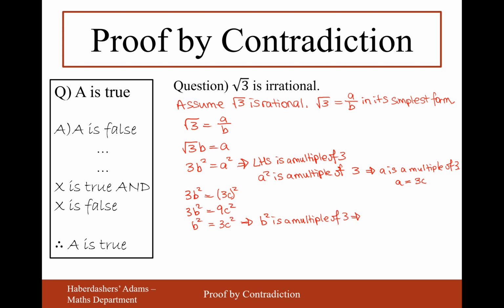And if b squared is a multiple of 3, then b is a multiple of 3. And if b is a multiple of 3 and a is a multiple of 3, then a over b is not in its simplest form. Therefore, a over b is not in simplified form.